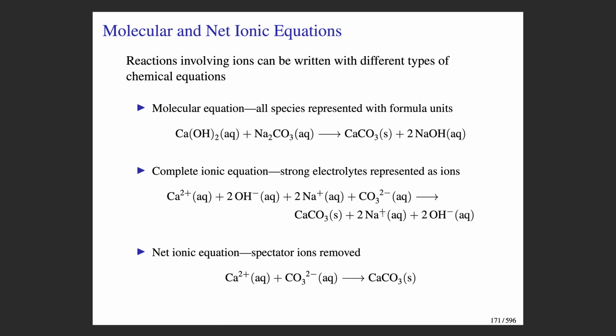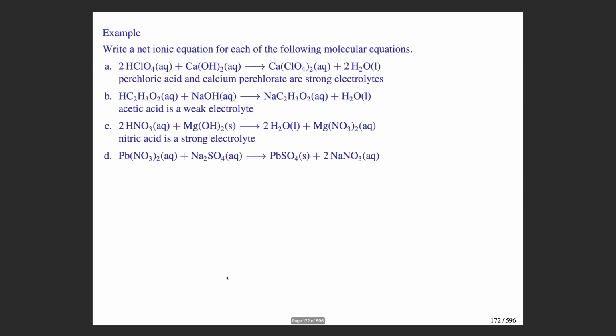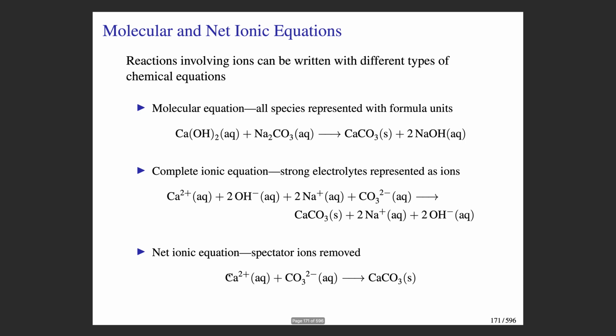These are called spectator ions. And when you cancel out the spectator ions, what you're left with is the so-called net ionic equation. Okay, so the net ionic equation after you cancel out the hydroxide and sodium spectator ions is that you have calcium ions reacting with carbonate ions to form an insoluble precipitate, calcium carbonate.